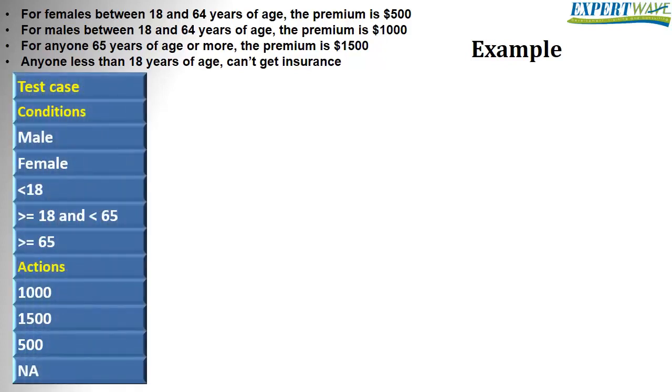So we would have male, female, less than 18, between 18 and 65, and older than 65 as input conditions. And we also have 500, 1000, 1500, and not applicable as possible actions to be taken by the system.